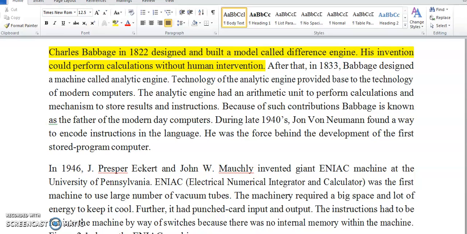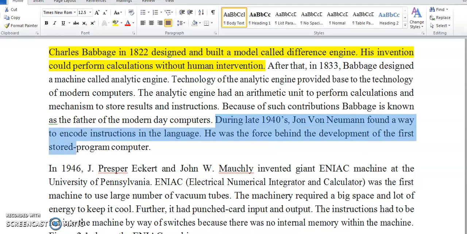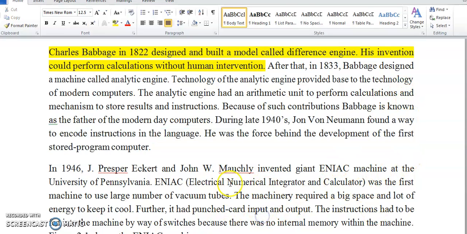During 1940, John von Neumann found a way to encode instructions for a stored computer program. This is a simple history of computer. The main father of computer is Charles Babbage.